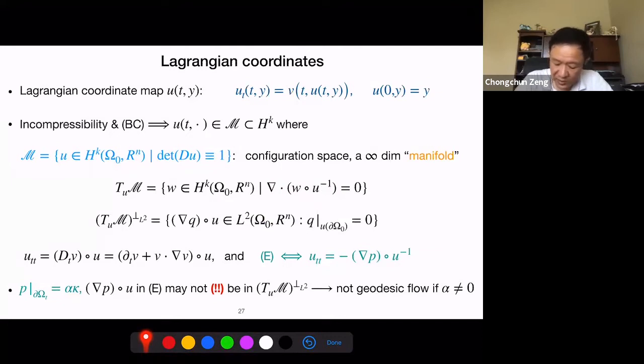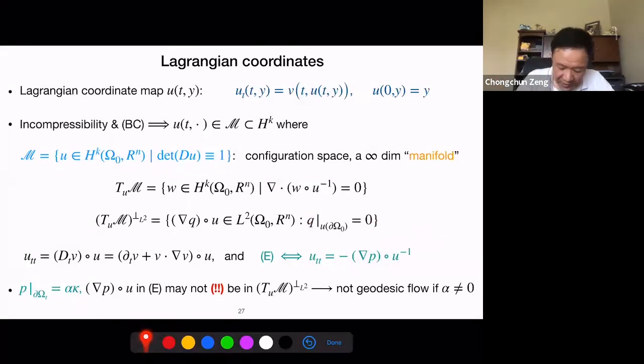The orthogonal complement is given by L2 gradient vector fields in the Eulerian coordinates, so that the potential function has 0 boundary condition. This is needed to make this the orthogonal complement of the divergence-free vector fields.